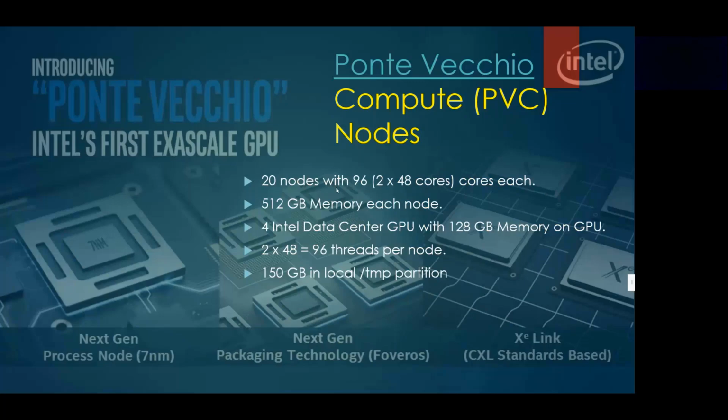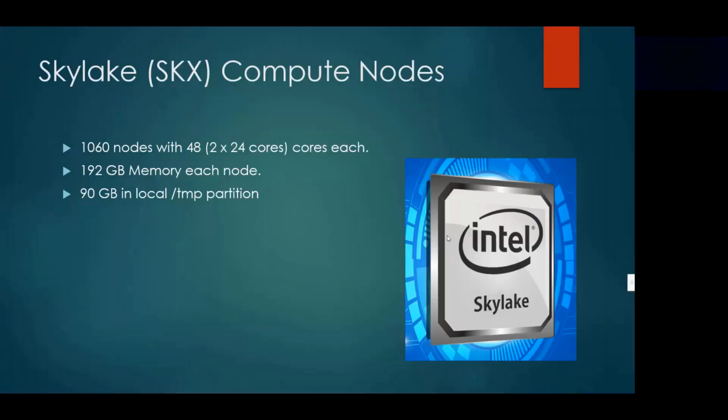Although it only has 20 nodes, in the other one, Lonestar 6, they are 98% utilized. You need to wait a long time. But this one, although it has a smaller number of nodes, is more available for us. And this is the second architecture in Stampede3.